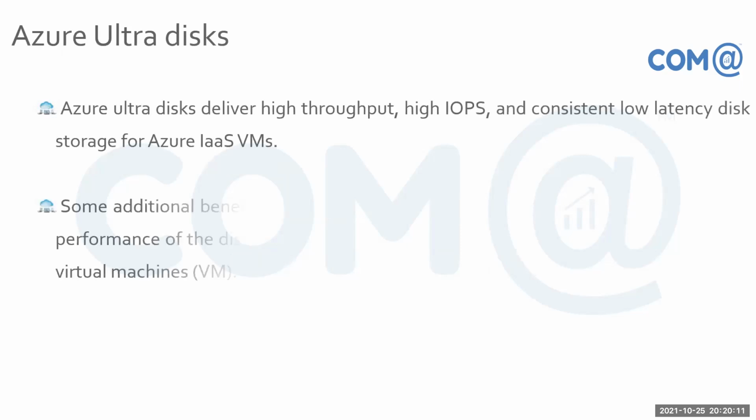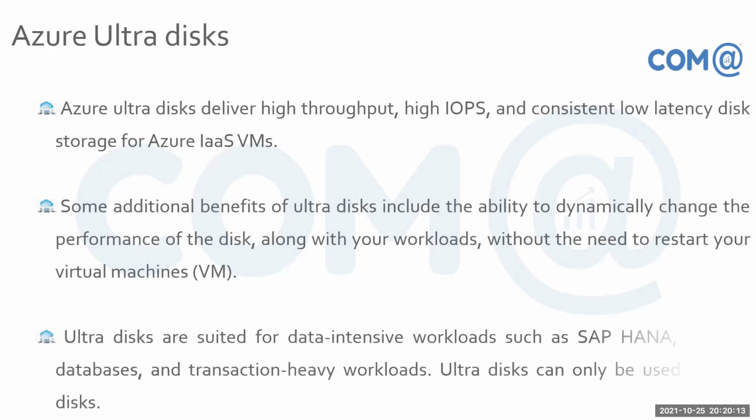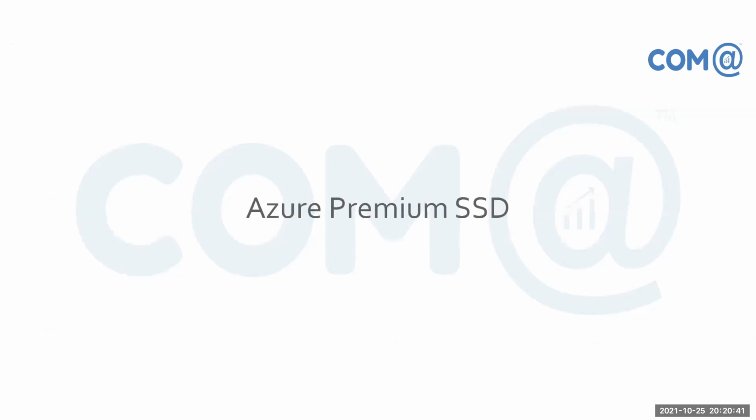Initially, understanding the ultra disk: it has high throughput and high disk IOPS, so the read performance is very high and the latency is very low. When your application requires high performance storage, you can go with the ultra disks. Obviously, ultra disks are costlier compared to the others.